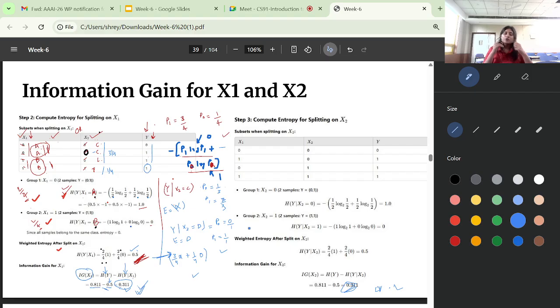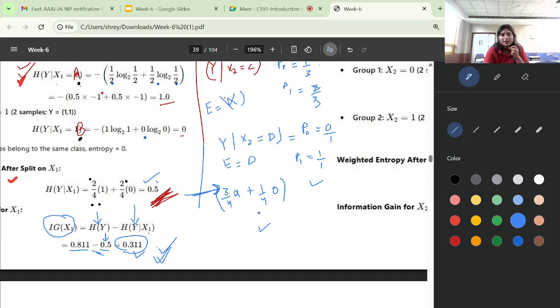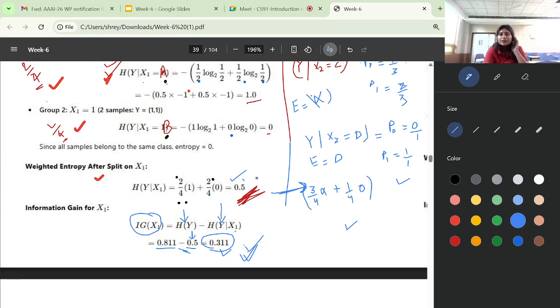Okay, so basically, how to interpret it? Just look here. What we have done is just calculate entropy. Entropy is information. Let's say I have 0.8 information in the starting. This is the starting information. After choosing x1, I have the information 0.5. It means that if I choose x1, from 0.8 it comes to 0.5. It means I have used that much information. I have total information 0.8, I have to use all that information, but I have taken this much.